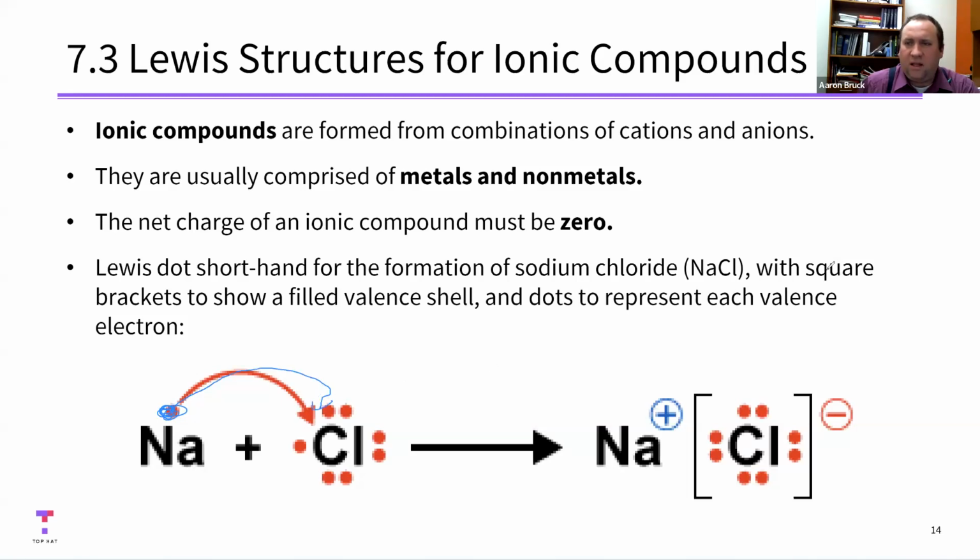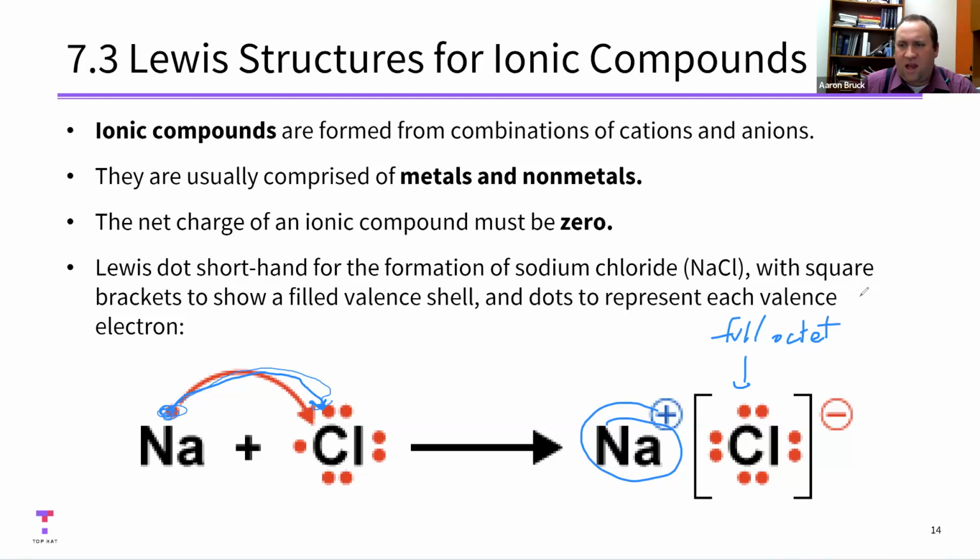One literally goes straight into the other. The net result is that the metal ion completely vacates its valence level, and the nonmetal ion gets a full octet as a result of the transfer.